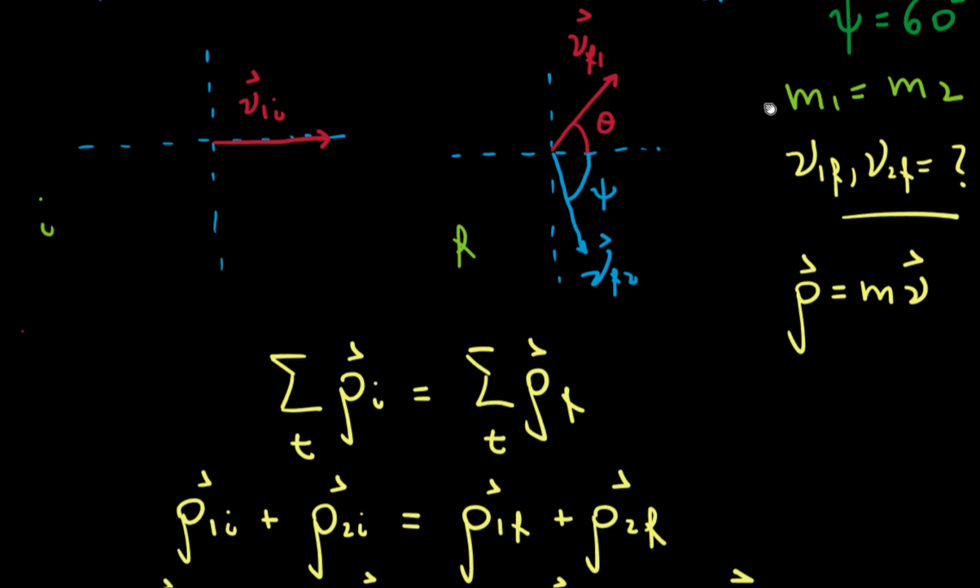I did not specify the x's, but it is implied that this is x and this is y. Okay? This is where this diagram comes in useful now. It allows you to see what has x components, what has y components.